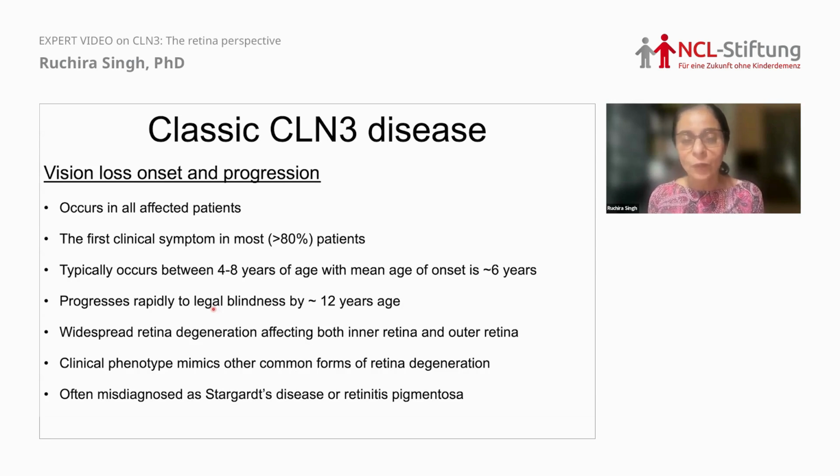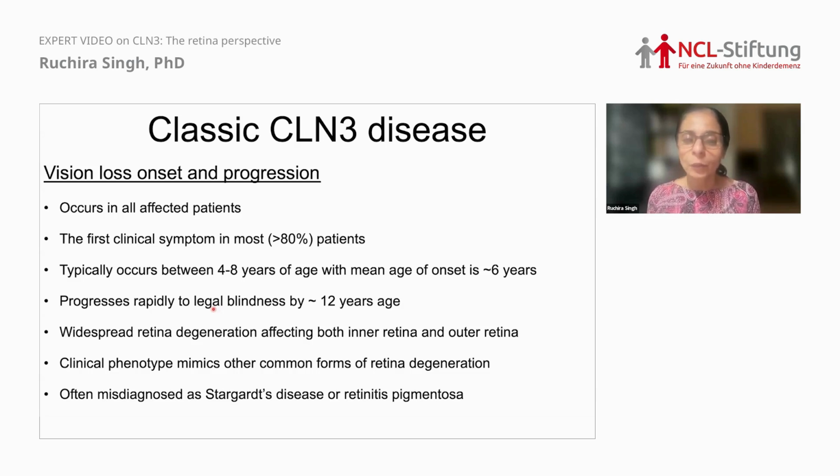It shows a very rapid progression, leading to legal blindness in late childhood and early adolescence, by around 12 years of age. And there is widespread retina degeneration. Vision loss in CLN3 disease is because of retina degeneration, and it is not limited to a specific cell layer, but you see it all across the retina, affecting both the inner and the outer retina.